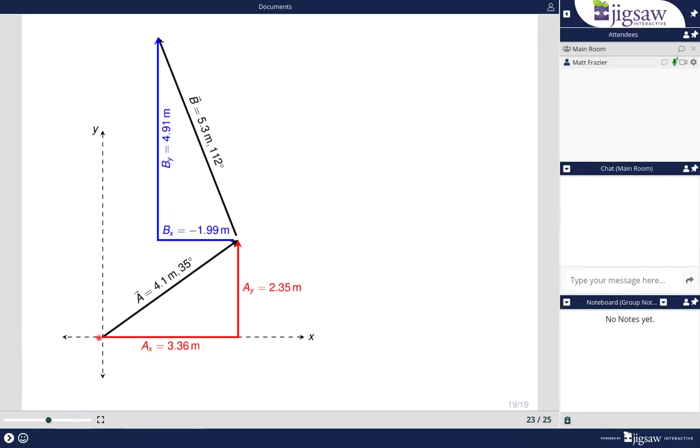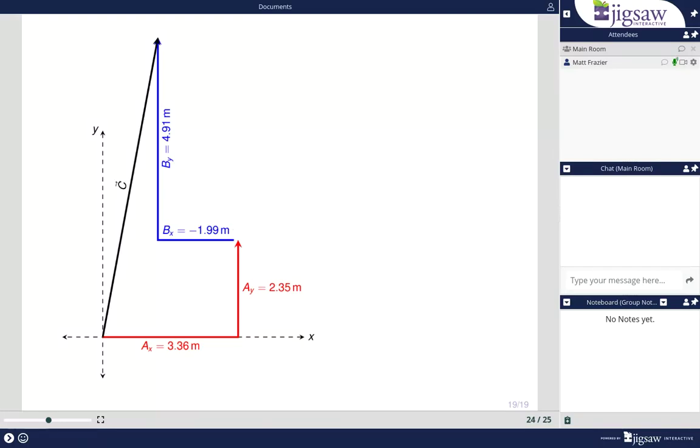Graphically, we add A by starting at the tail of the vector and going to the head. In this case, we're going through the components, so we go X first, then Y. Then we have B right beside it, head to tail, and we go from the tail of B to the head of B. Our result is a vector that goes from the origin up to the tip of B. And there it is.